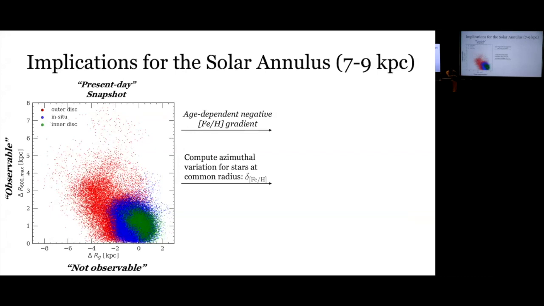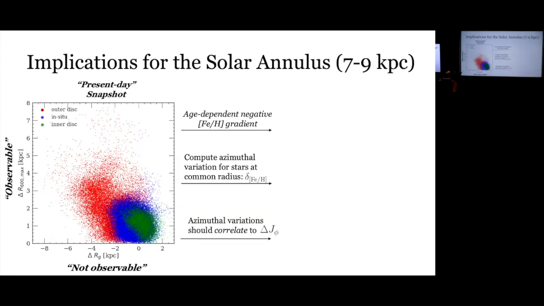By that, we mean we take a radial bin, compute the mean metallicity within that bin, and subtract that off the metallicities of stars in the radial bin. You get the azimuthal variations. And these azimuthal variations should correlate to this change in angular momentum.